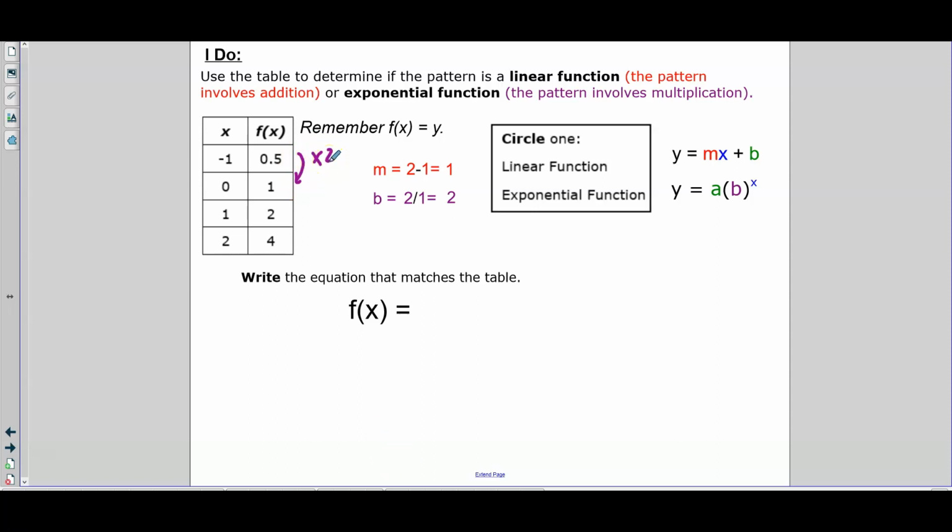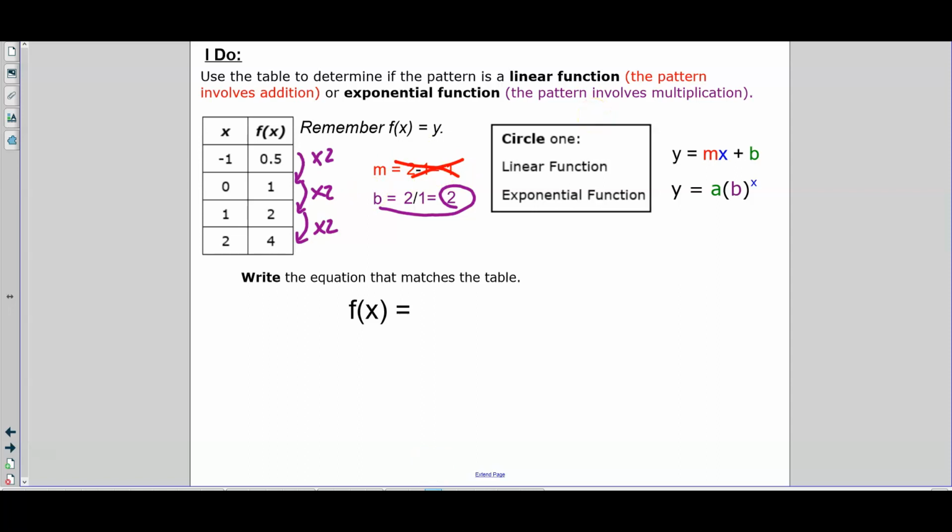So take 2 and multiply 1/2. 2 times a half equals 1. Yep, that works. 2 times 1, yep, there's 2. And 2 times 2, yep, that's a 4. So here we have our winner. b has to be 2. And this did not work, so we know it's not linear. It's got to be exponential.